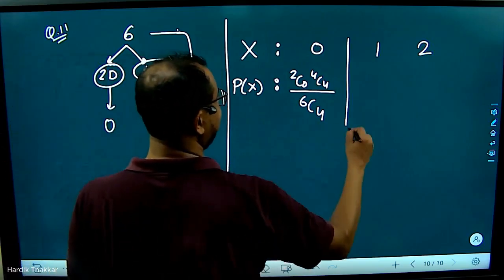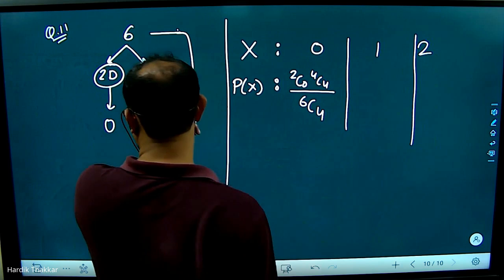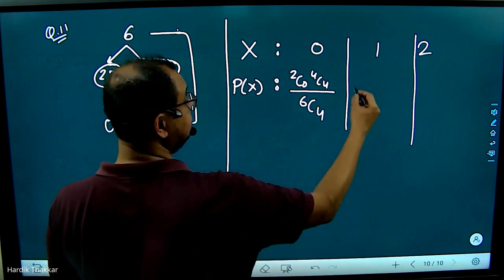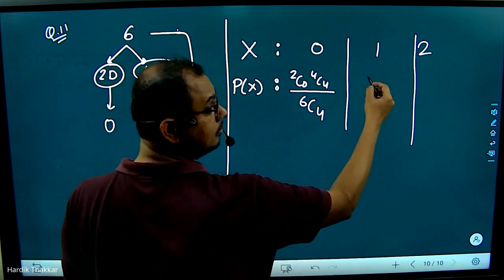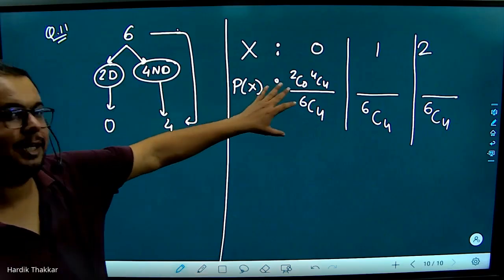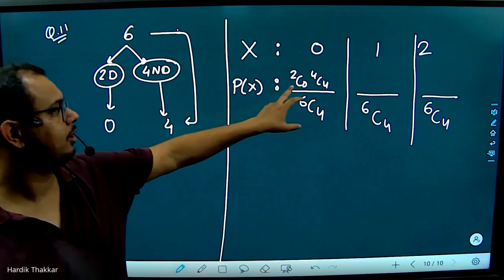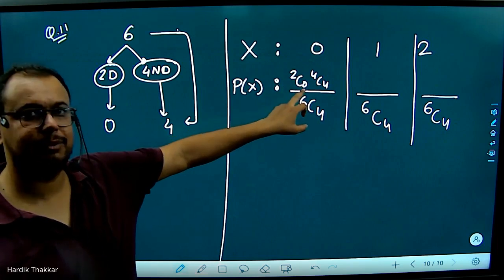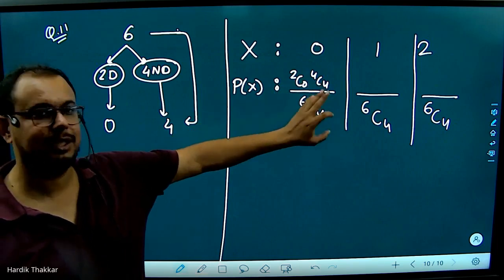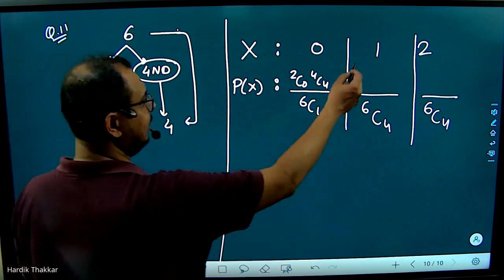Yes, sir. Now try to answer the second: probability of one defective. Sir, I think I'm confused here a little bit. Okay. Now the first part is clear: zero defective, so zero are selected from these two, and four are selected from the other group. Now it says one defective.